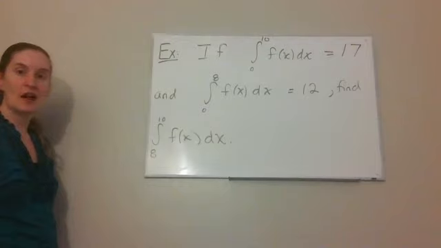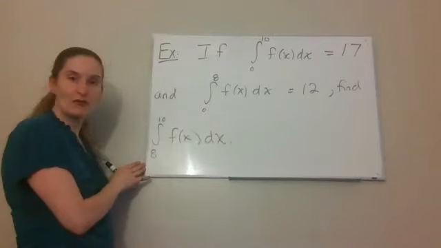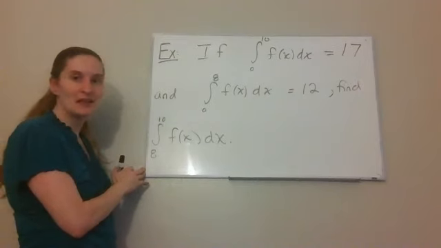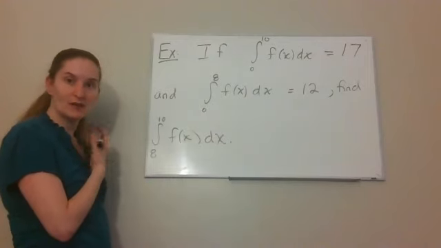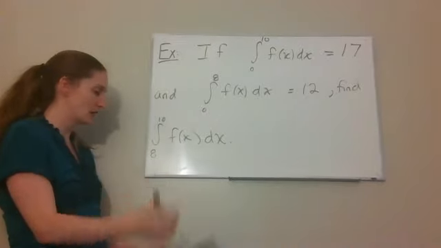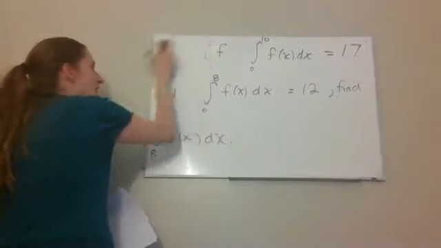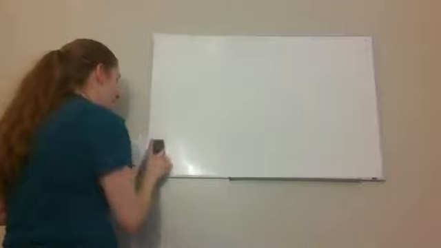So notice here, I don't even know what the function is. So I can't just look at what they're trying to have me find and do an antiderivative and plug in the 10 and plug in the 8. I'm going to have to use the properties of my definite integral to figure out what this last integral is equal to.